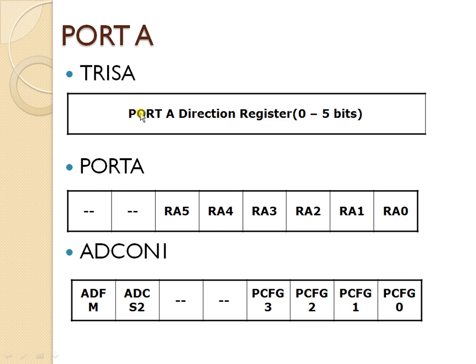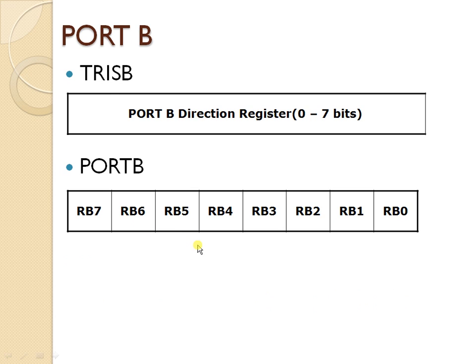So TRISA for selecting the direction, PORTA for holding the data. The same way, if you take port B, port B has totally 8 pins. TRISB is used for selecting the direction and PORTB is the register used for holding the data. For port C, TRISC and then PORTC.